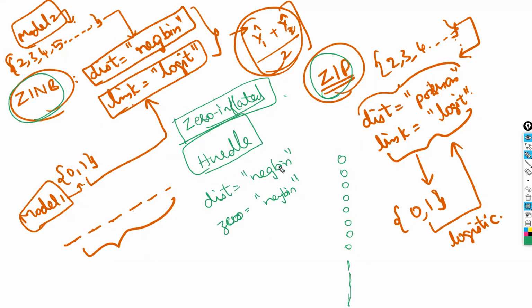But in the hurdle model, it will directly segregate your data into zeros and non-zeros, two different data sets. On zeros, it will build one model. And on all the count values, that is non-zero values, it will build a different model. Okay, so the hurdle model has two processes, one for all the zeros, one for all the non-zeros.